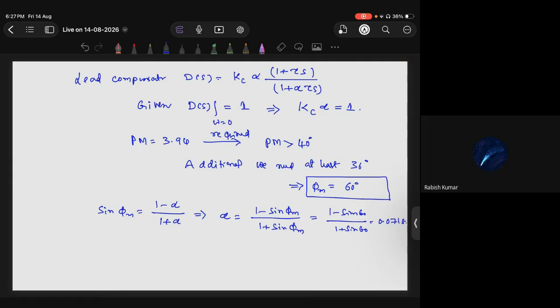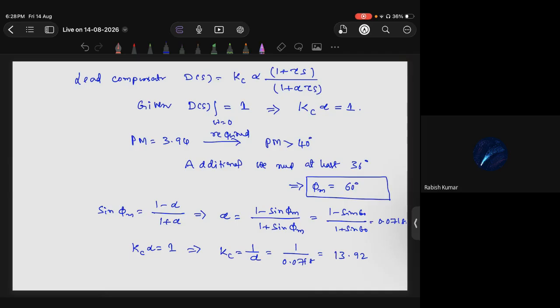Now we have Kc alpha equal to 1, so Kc equal to 1 by alpha, that is 1 by 0.0718, which is equivalent to 13.92. So we have calculated alpha.